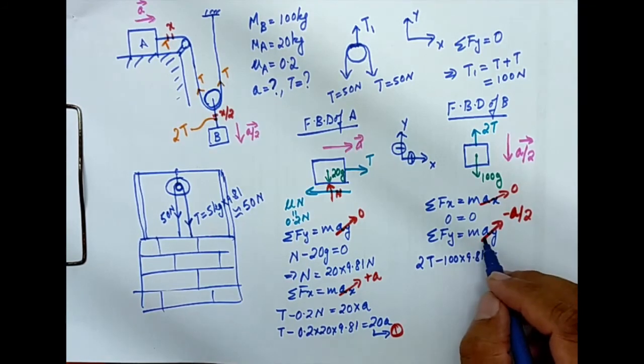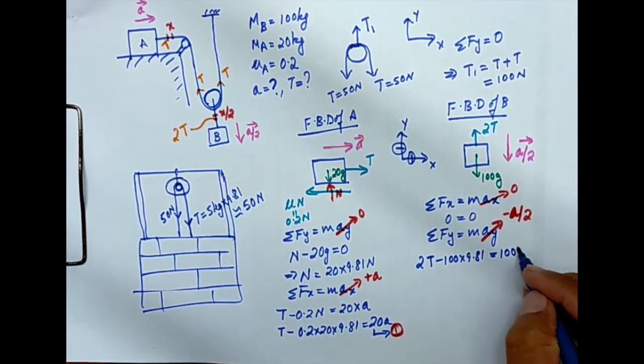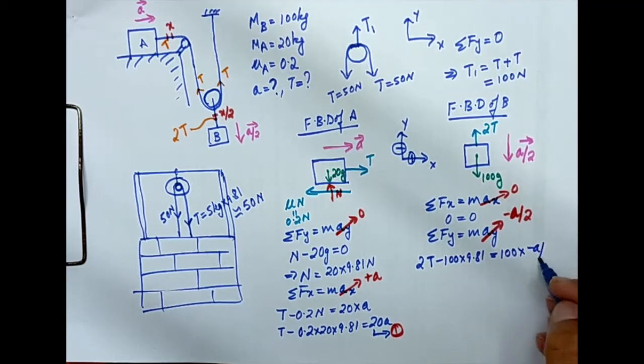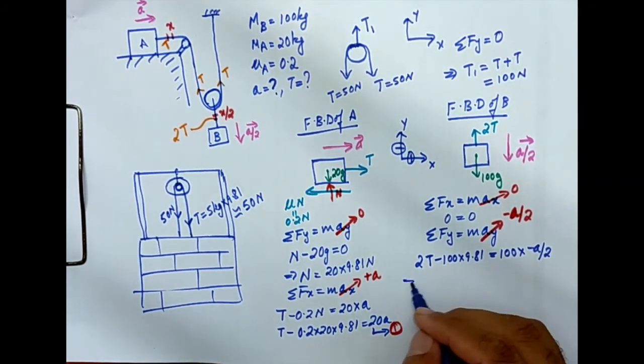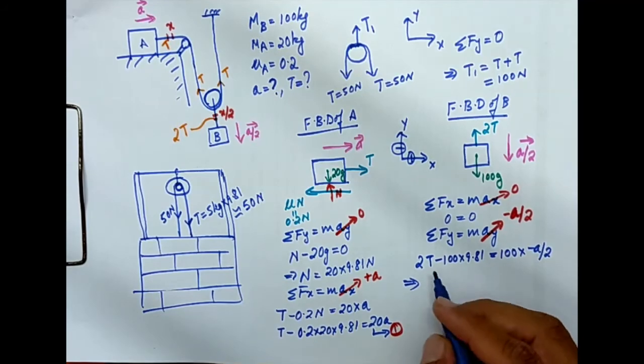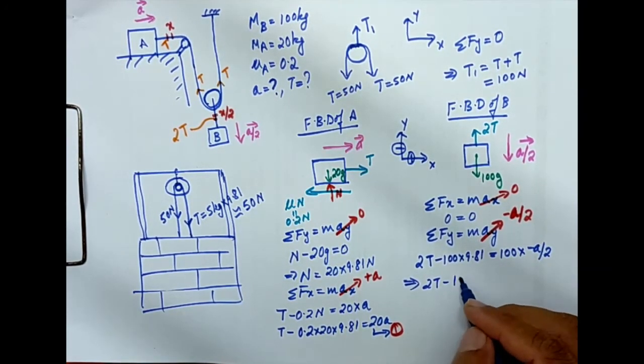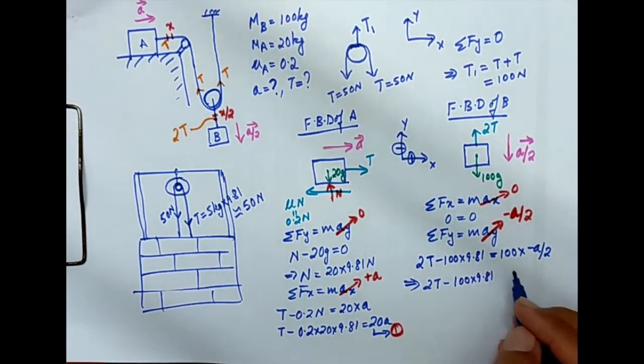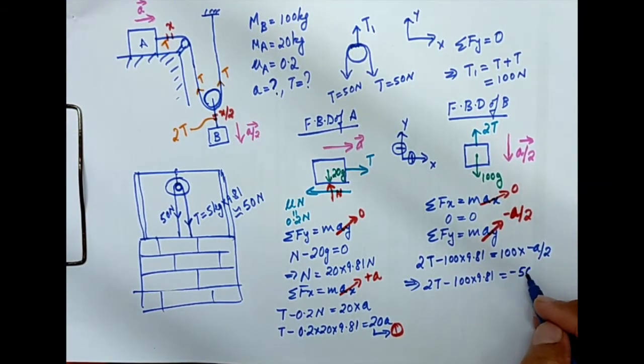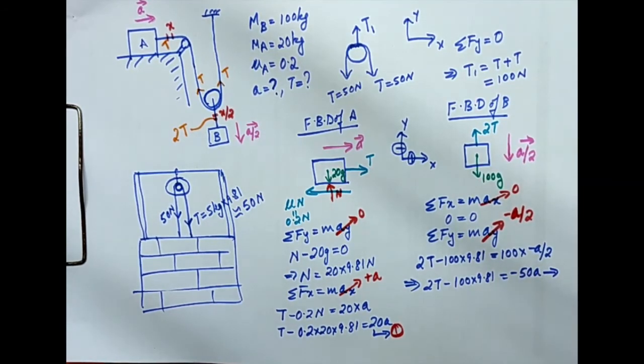Then on the right hand side, mass is 100 kg, acceleration is minus a by 2, so minus 50a. That's my equation number 2. So now I have two equations with two unknowns. Simultaneous equations, I can directly feed it inside a calculator and get the final solution.